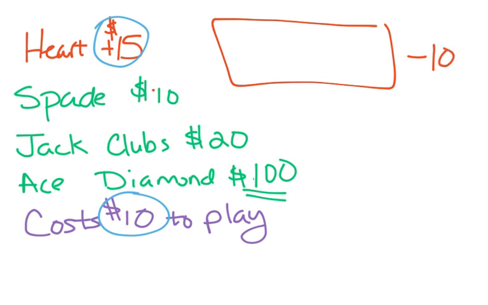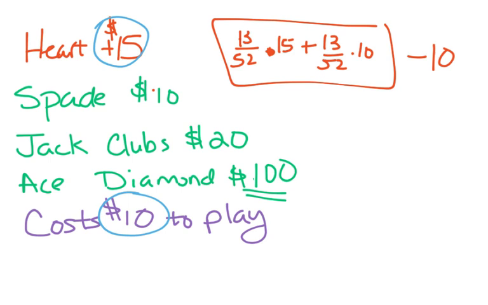So for a heart, there's 13 hearts out of the 52, or 25%. So it's 13 out of 52 times $15. Then you've got the spade, which is 13 out of 52 times $10, because that's how much you're getting.